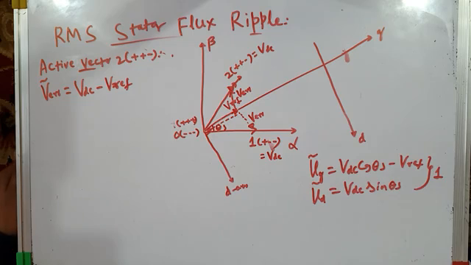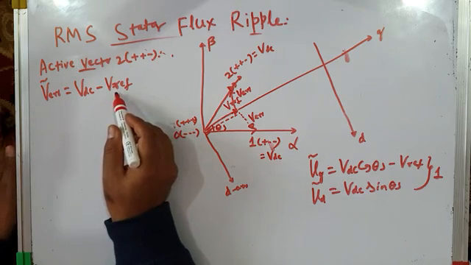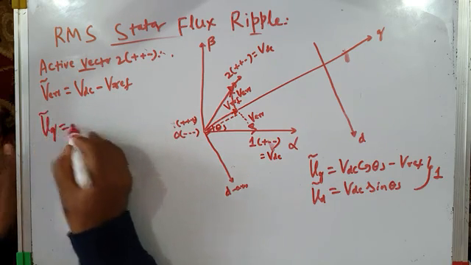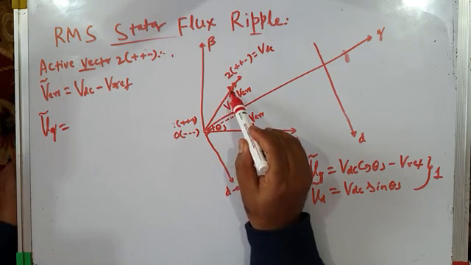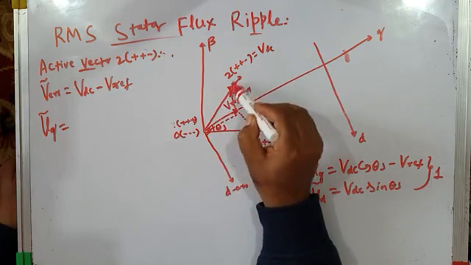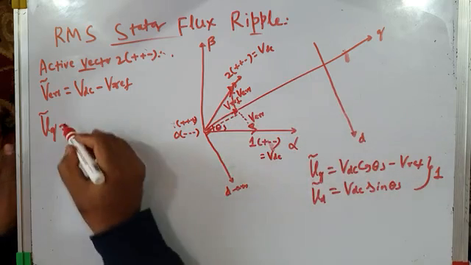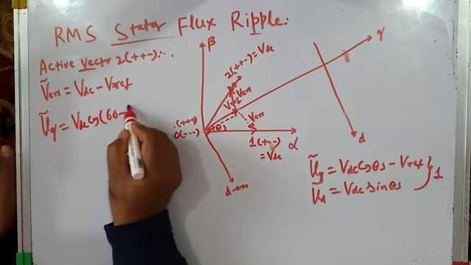Okay. Now let us resolve it into Q and D components. Along Q axis, it will have a component VQ tilde equal to: the active voltage vector has a length of VDC and its component along Q axis will be VDC cos of 60 degrees minus theta s.